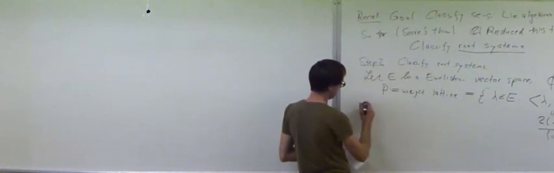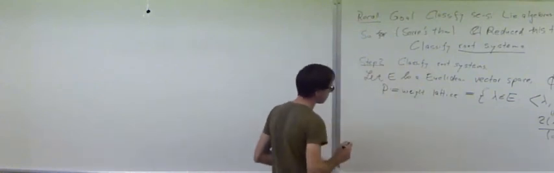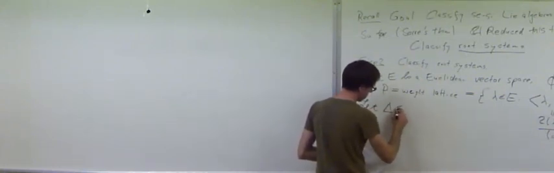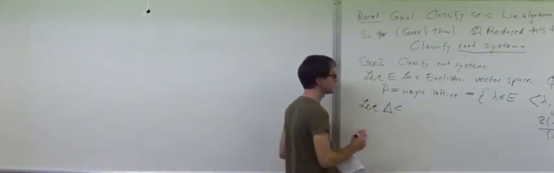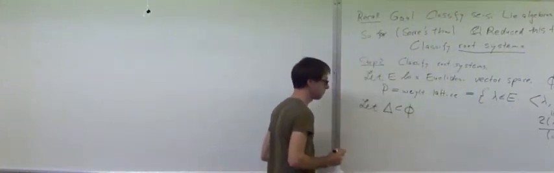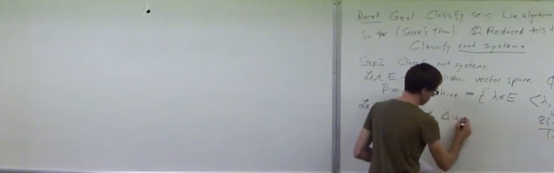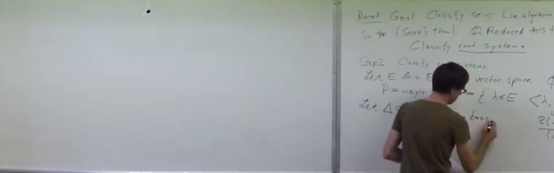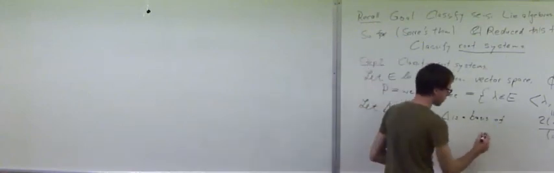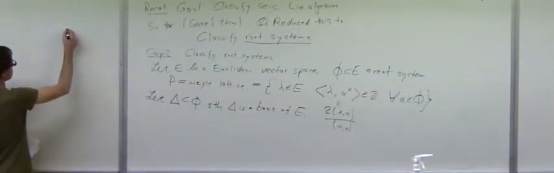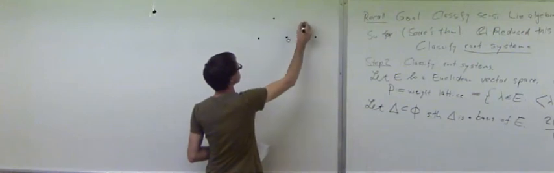So what's the trick we are going to employ now? We consider a subset delta of our root system such that delta is a basis of E. So let's draw our favorite A2 type root system.